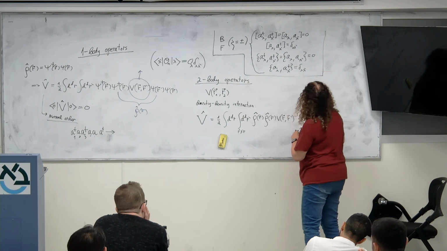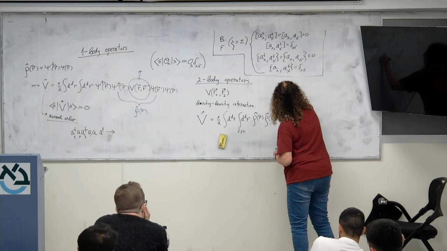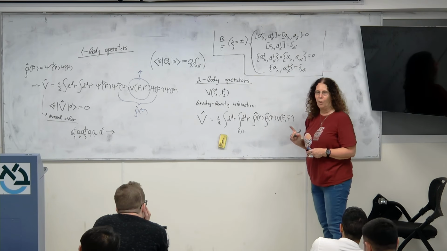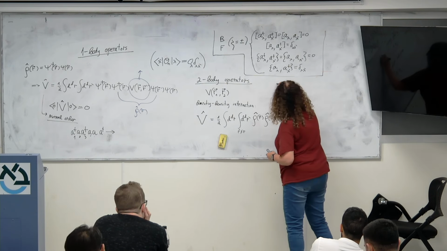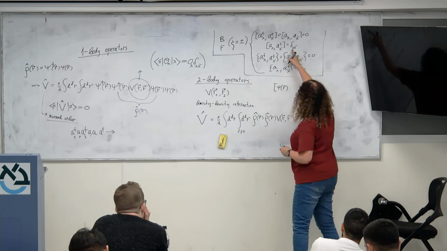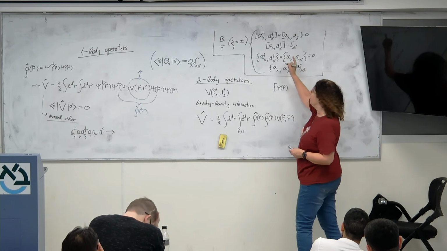By the way, I forgot, or maybe I already mentioned it, if I want to generalize these commutators for a continuous variable, then this Kronecker delta changes into the Dirac delta, right?